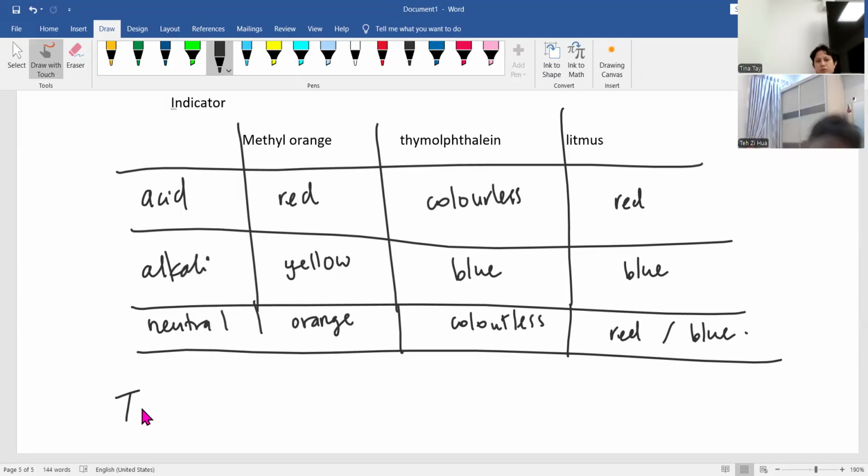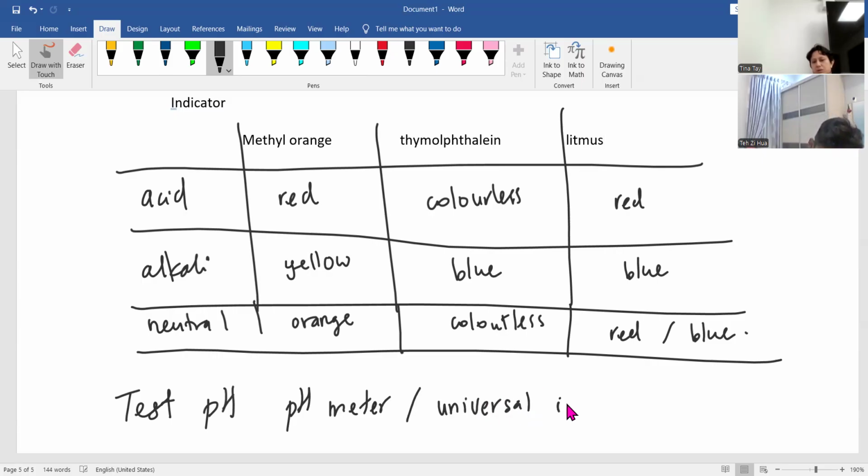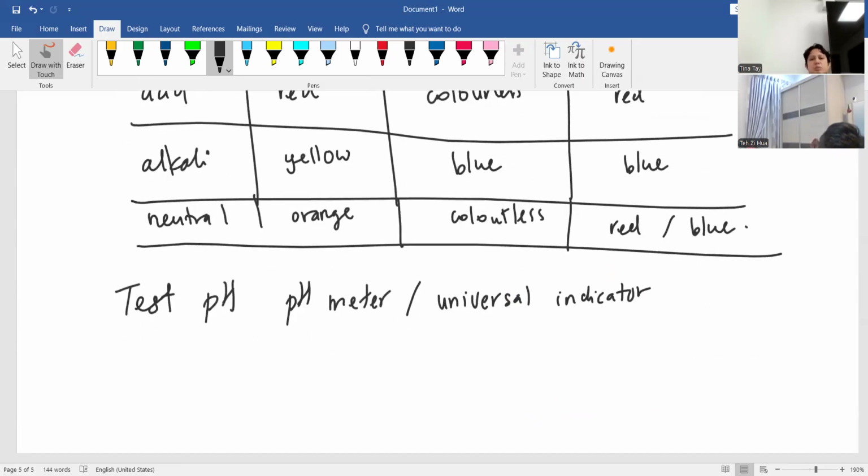Methyl orange is the only useful one. So to test pH, we use a pH meter or we use something called a universal indicator. Universal indicator will have a whole spectrum of colors.